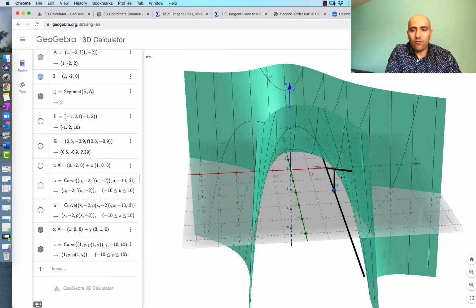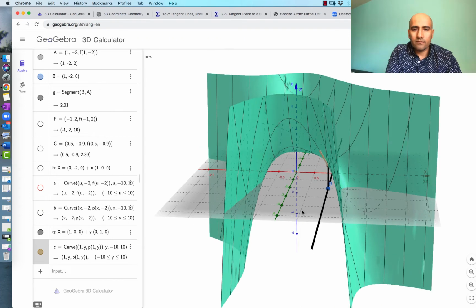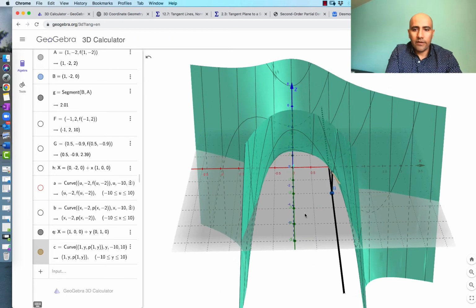Yeah, it's coming right at you like this. This is the tangent line. This one right here is the tangent line. Maybe we should make it a different color. All right, we're gonna go with brown.